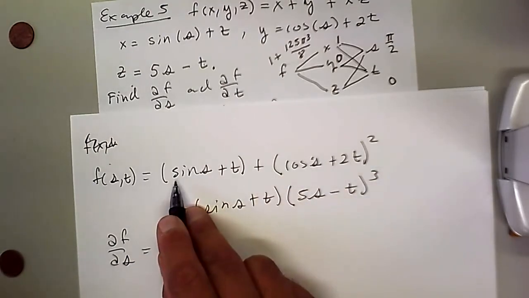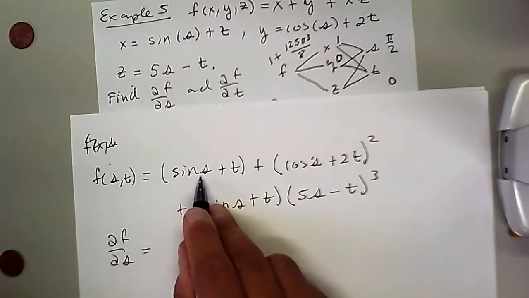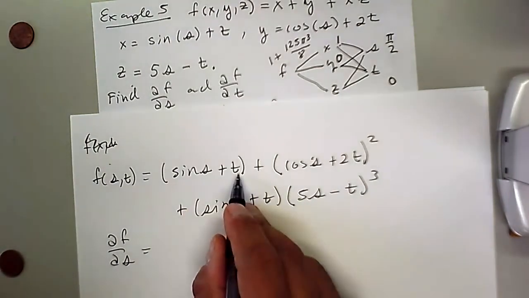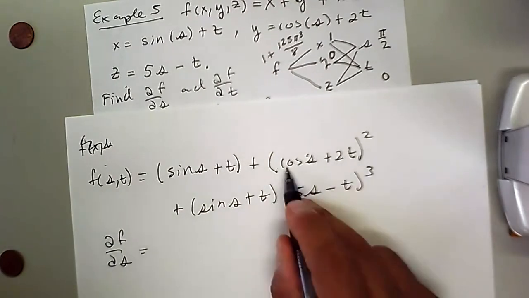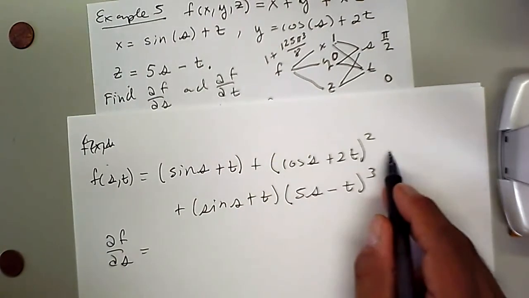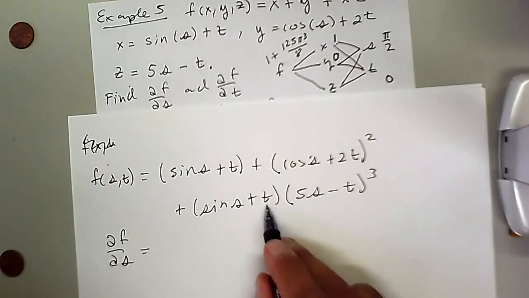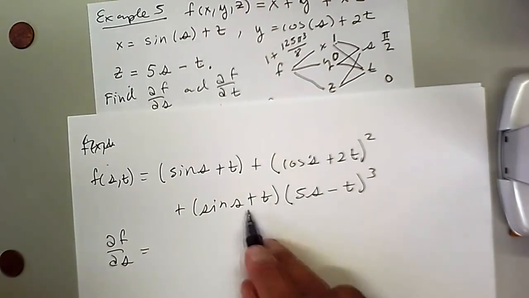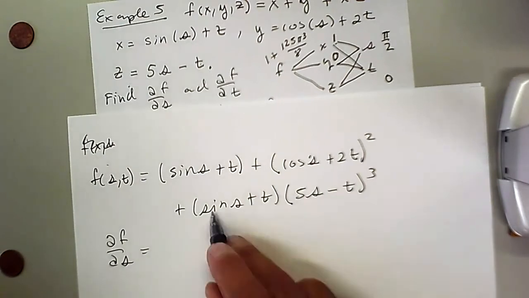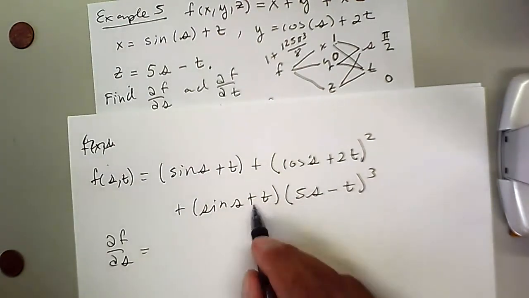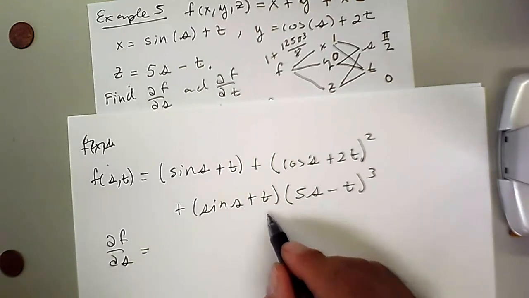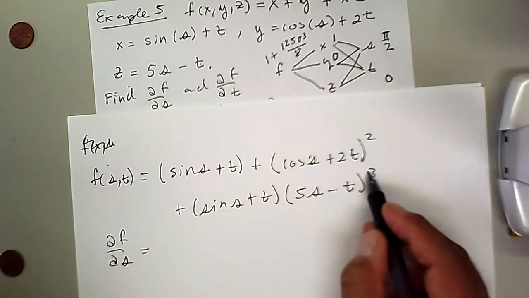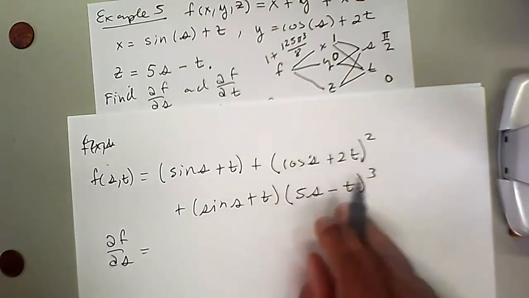Well, some of you may say that isn't too bad, cosine is going to go to 0. And then we've got to use the chain rule here, so 2 times this quantity times the derivative of cosine, which is negative sine. But here it gets more complicated. Now we've got to use the product rule because both of those pieces have s. And within each of them, we're going to use the chain rule, so this times the derivative of that, including the cubic.